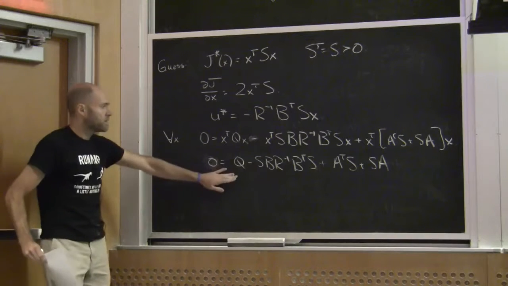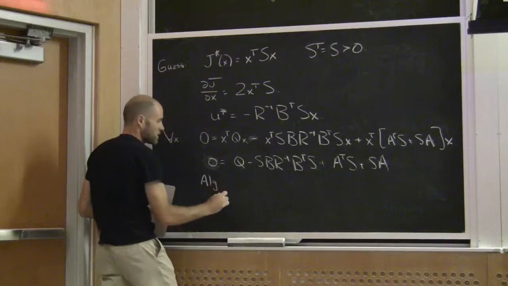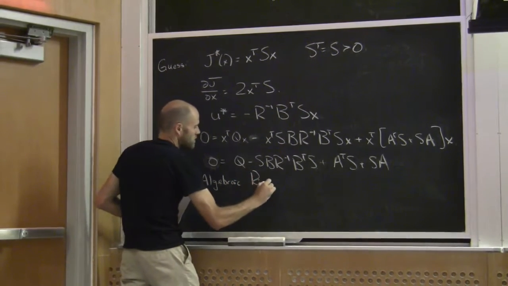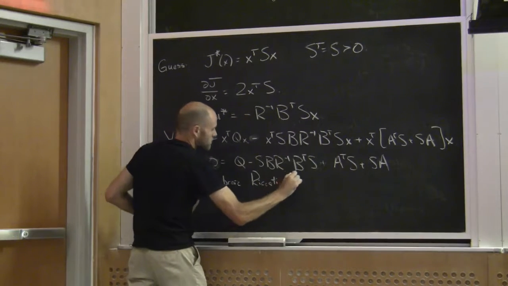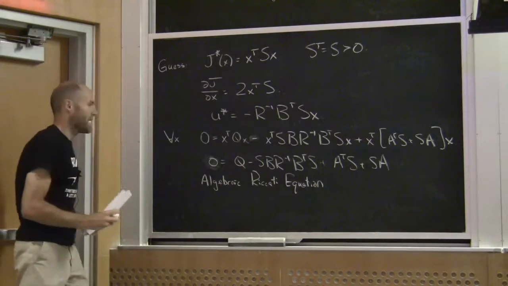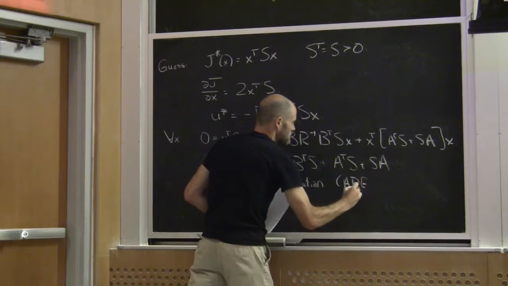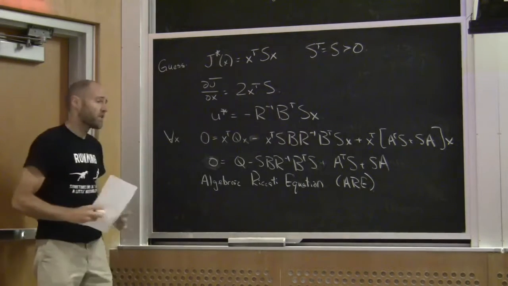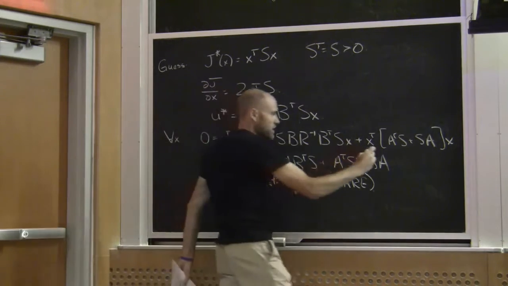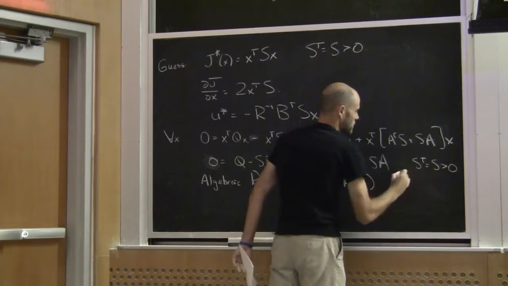Okay, so this is the very famous algebraic Riccati equation, also known as ARE. And it's still a hard thing to find. You have to solve and find something that satisfies this plus our initial assumptions that S equals S transpose greater than 0.